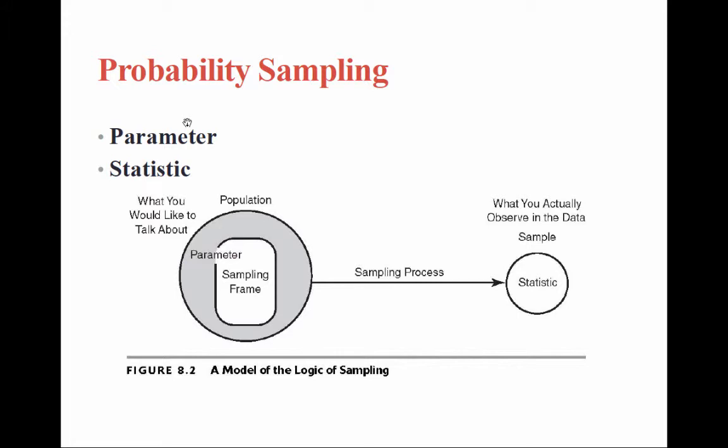That statistic is kind of like a probe, or I was also thinking of an oil dipstick, right? Like in your car. Because you're not actually looking at the oil level in your car.